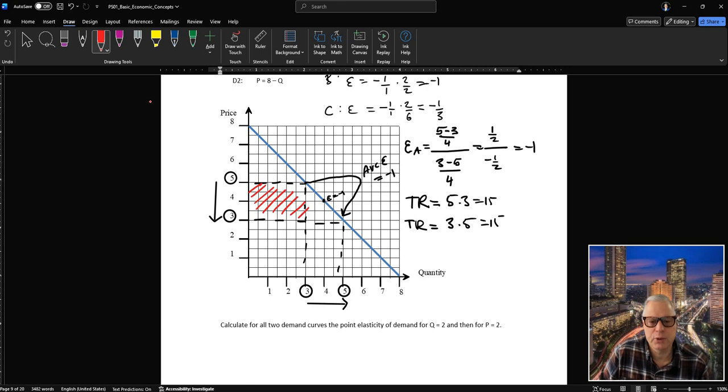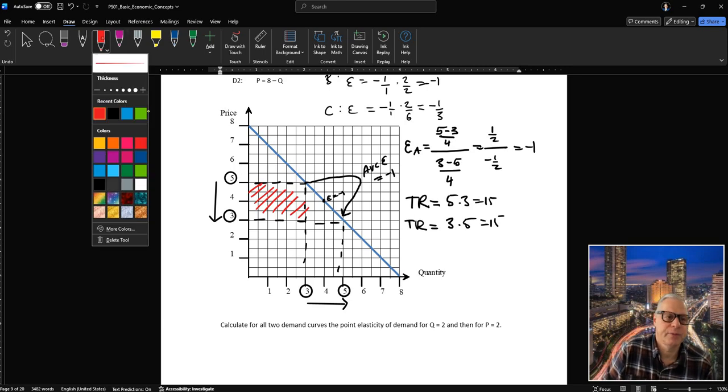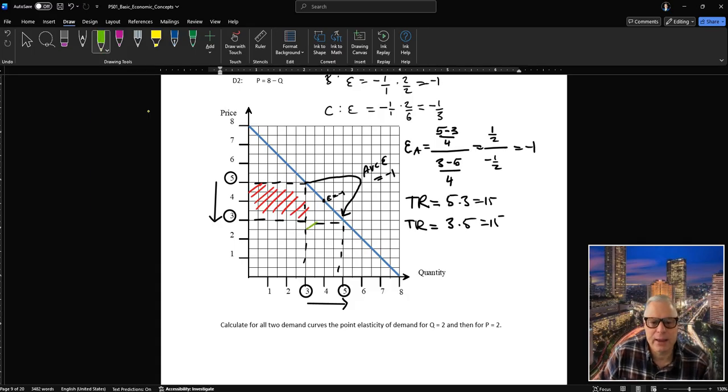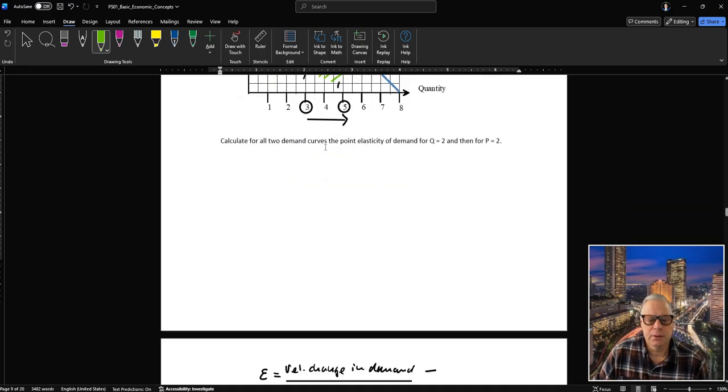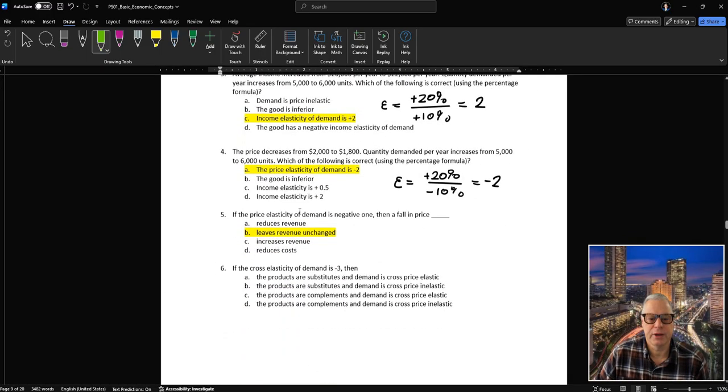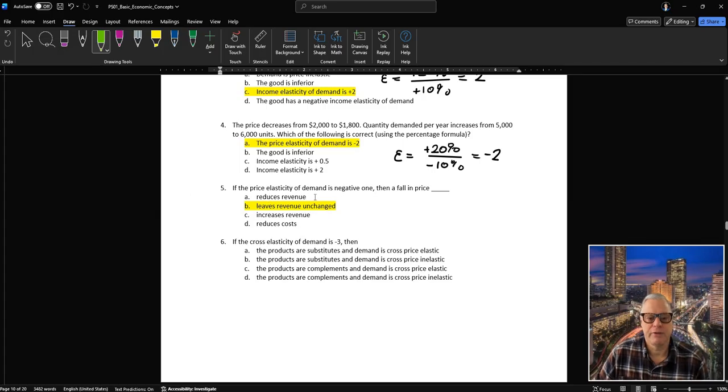We lose 3 units that we now sell at a lower price, but then we gain 2 more units that we sell at the new price, and those 2 areas cancel each other out. So for that reason, the revenue remains unchanged.